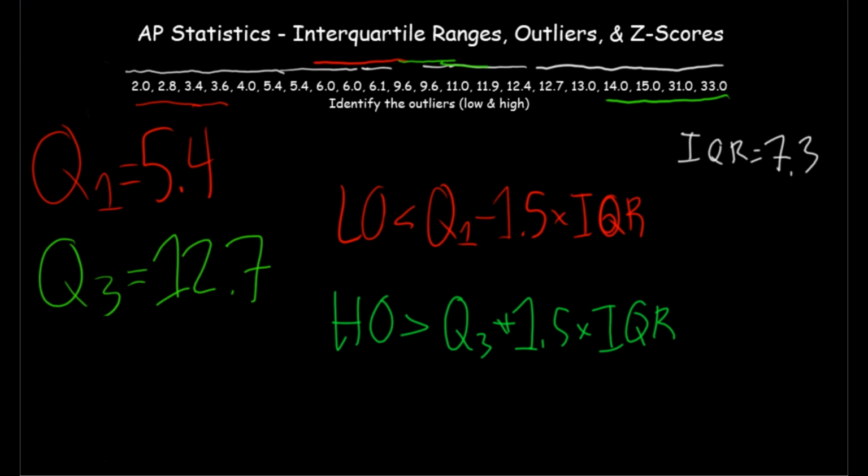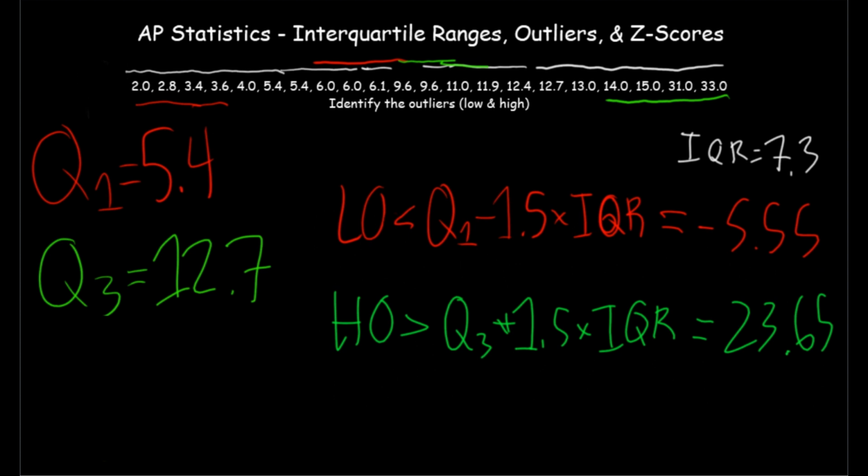So for our high outlier, you would have to plug in 12.7 plus 1.5 times the IQR, which is 7.3. And when you do that, you would end up with 23.65 for your high outliers. And for your low outliers, you would want to do 5.4 minus 1.5 times 7.3, and that would give you negative 5.55.